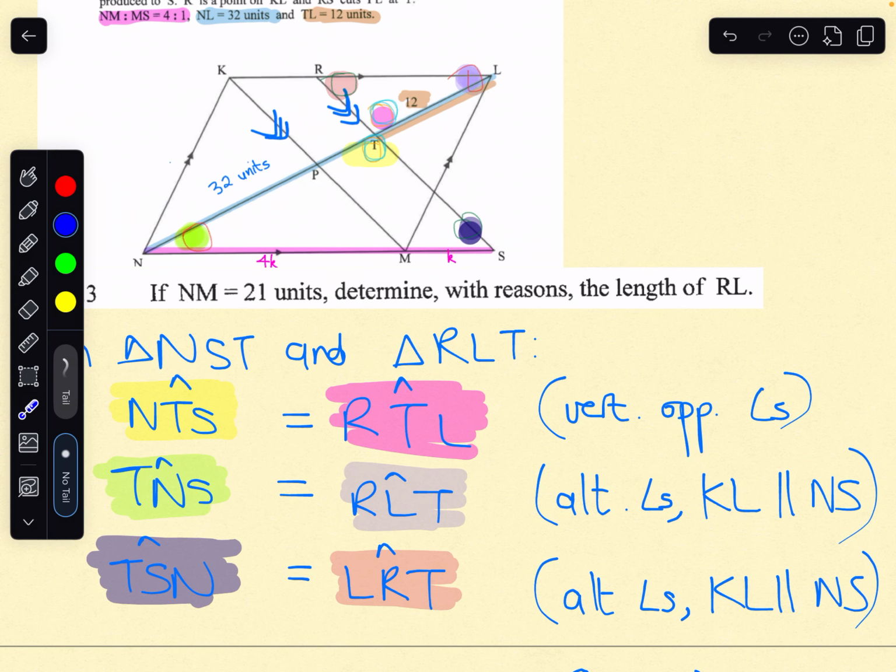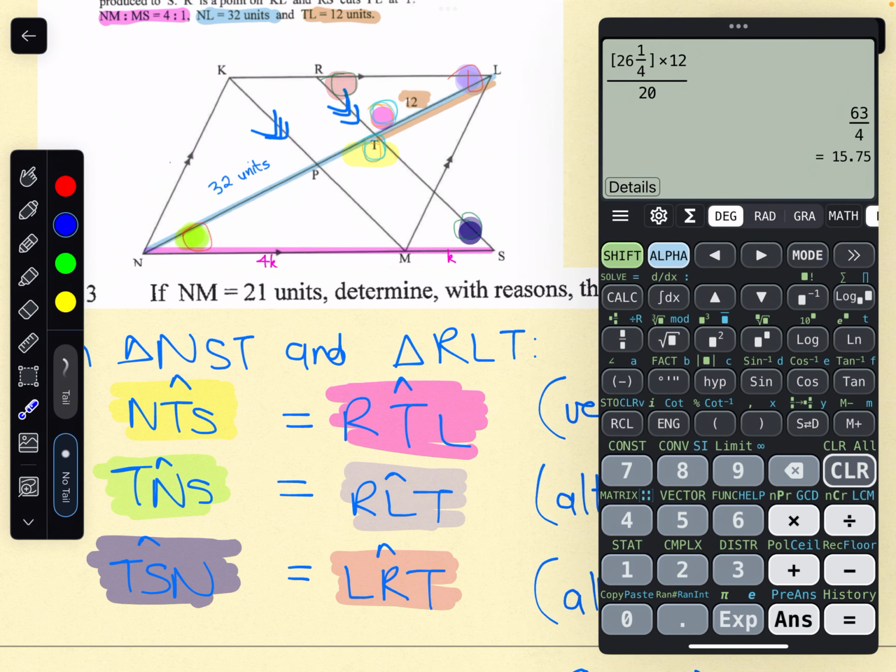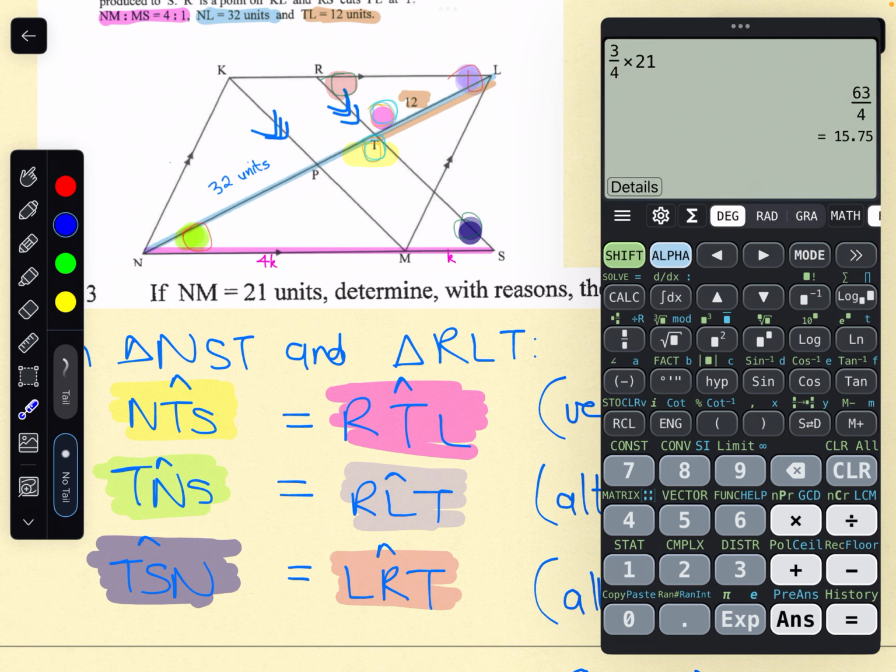So we know the ratio is going to be 12 to 4. So that's 3 to 1. So then we need to split up the 21 in the ratio 3 to 1. So RL is basically 3/4 of 21. So let's just double check that. 3/4 of 21, which is 15.75.